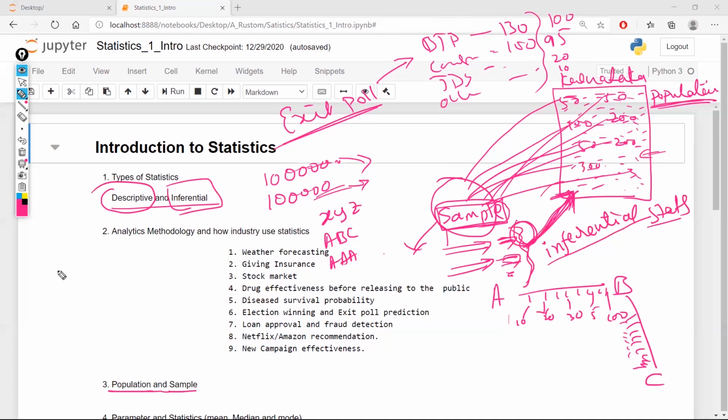Say you are manufacturing a product, a TV, with mass production. In one batch, you may have manufactured 200 TVs, and in the second batch, another 200 TVs.